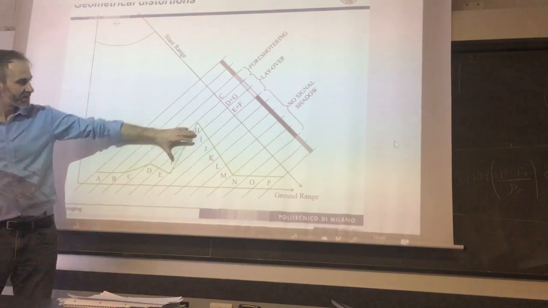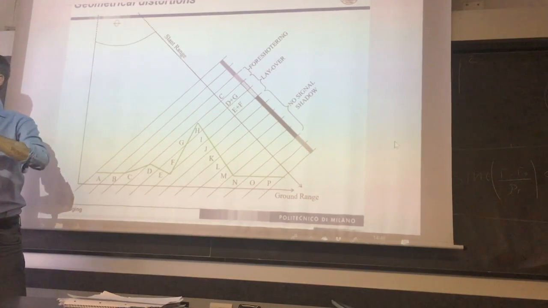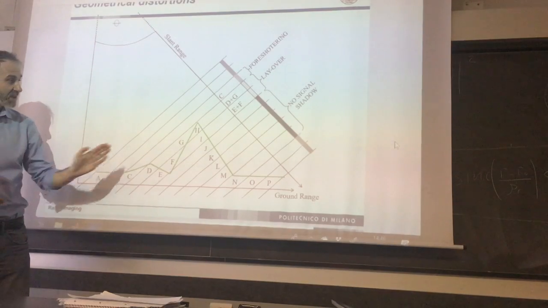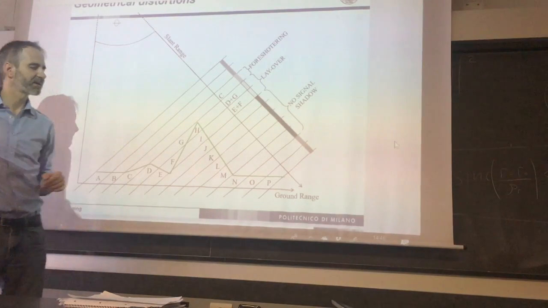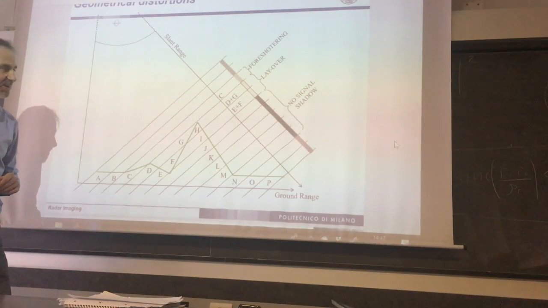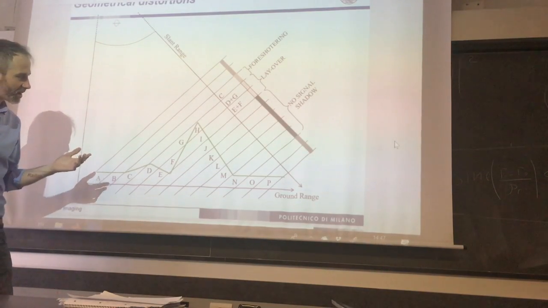So these two parts of the mountain will collapse into the same pixel. On the other side, it is the other way around.